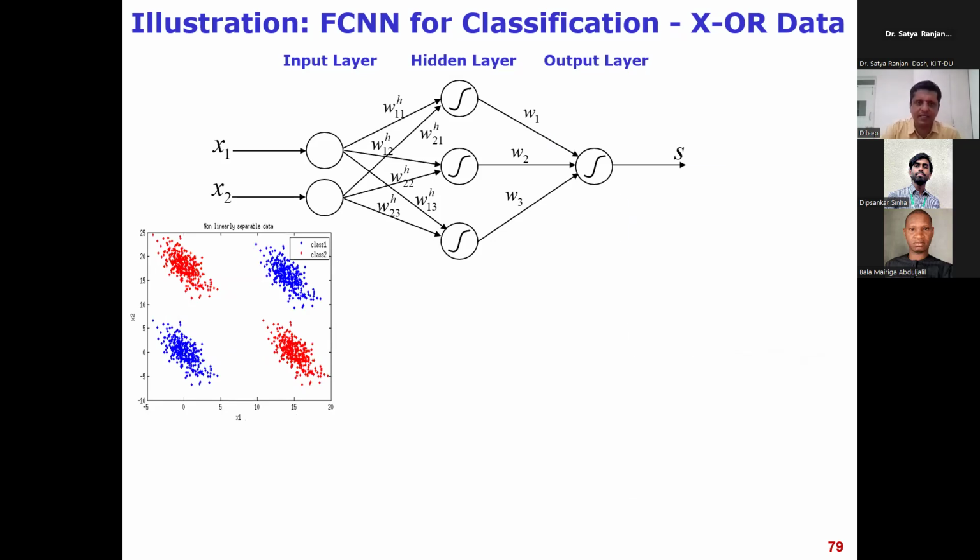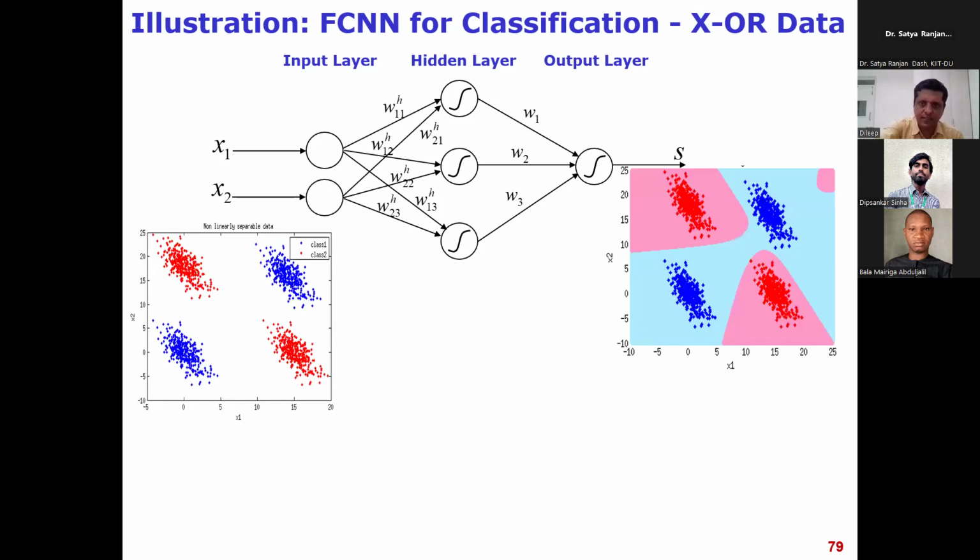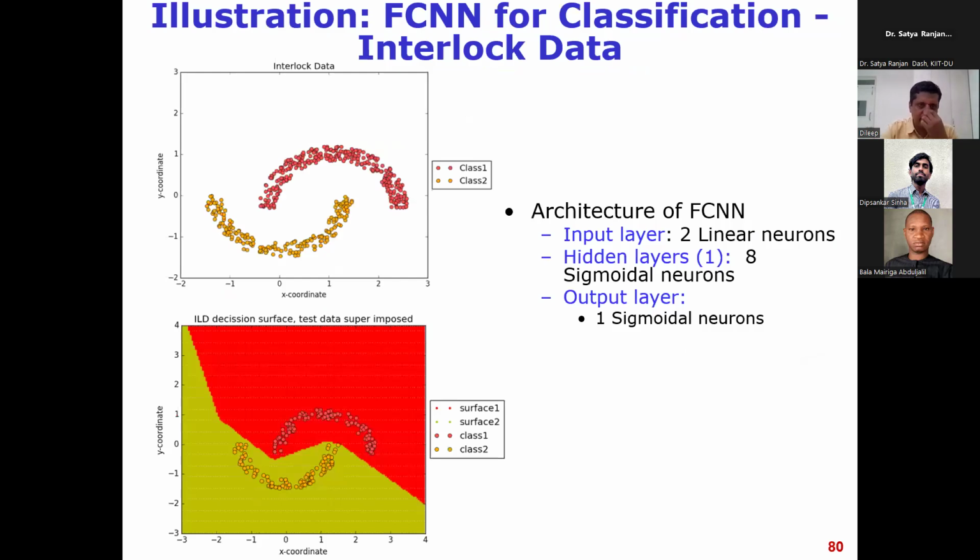Even in this case, it tries to learn this nonlinear boundary between the two classes with the same three hidden neurons. Just to give more impact, consider this example. Here the desired boundary should be something like a sine wave.